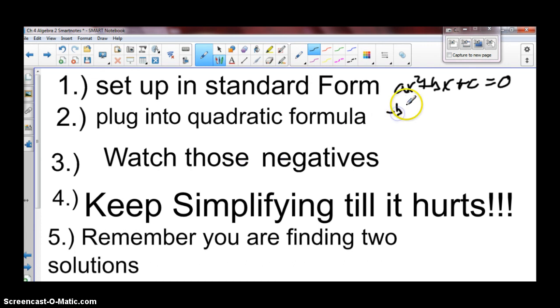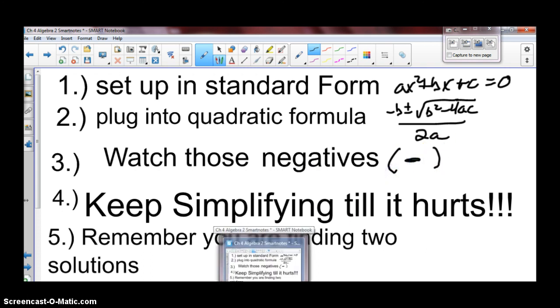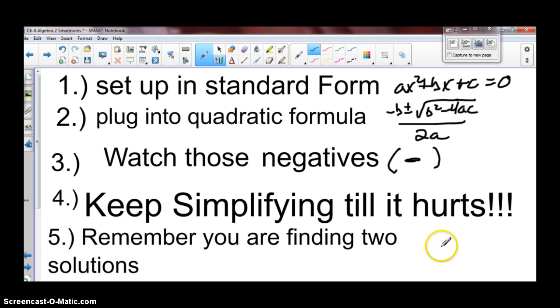Negative b plus or minus the square root of b squared minus 4ac, all over 2a. Watch those negatives. Keep simplifying till it hurts. I can't tell you how important that is. Keep simplifying until you can simplify no further. And remember, you are finding two solutions.